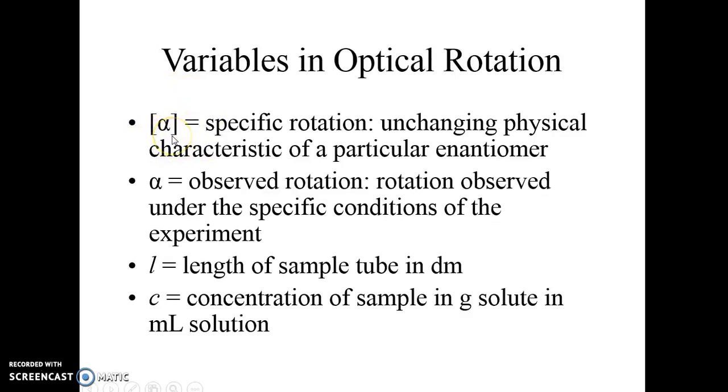This is the specific rotation that would be the purity of the 100% pure compound under specific conditions. We just call it specific rotation, and that's what you find in documents. And then there's observed rotation, and observed rotation is dependent on how long the sample is, so how far the light is going through it, and then the concentration of the sample. I'll show you the formula in just a little bit.